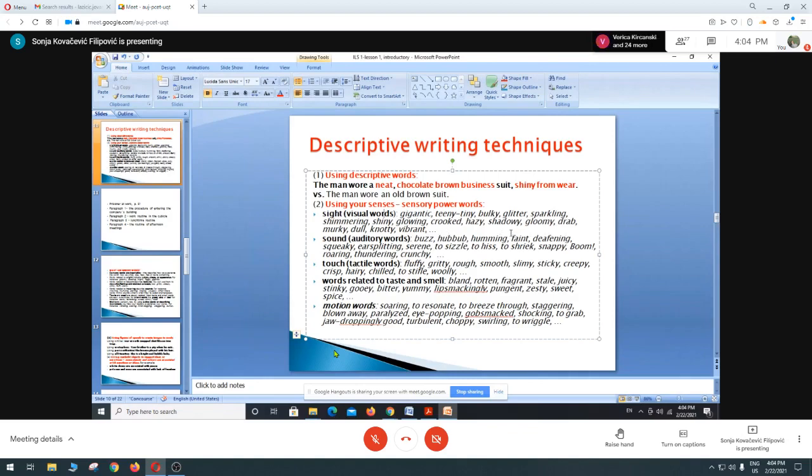Those relating to sound, auditory words. Some of them are onomatopoeic: buzz, hubbub, humming, faint, deafening, squeaky, ear-splitting noise, serene, atmosphere, for example, to sizzle, to hiss, to shriek, snappy, boom, roaring, thundering, crunchy. Tactile words, those referring to touch: fluffy, gritty, rough, smooth, slimy, sticky, creepy, crisp, hairy, chilled, to stifle, woolly, and so on.